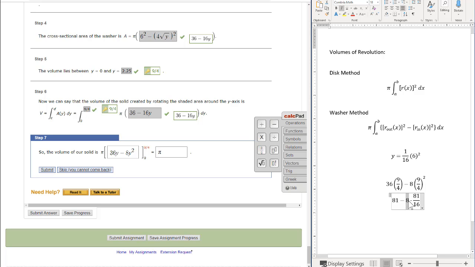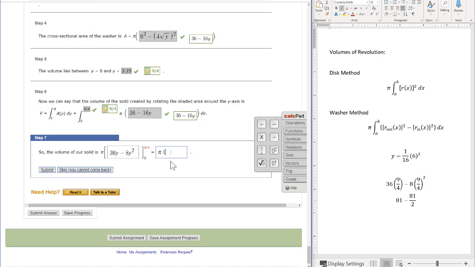And then the 16 would cancel out with this 8. This will leave us with a 1. And then this 8 would cancel, and it will leave us with twice that. And so we double this to get the common denominator. Well, it's just going to be 81 over 2.